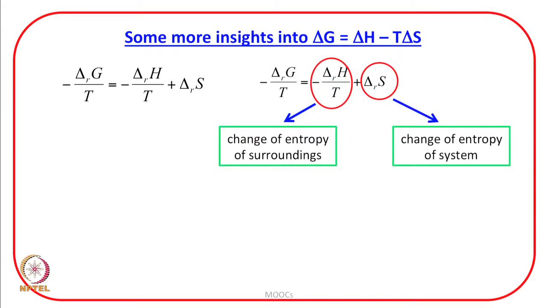Now, what are these? This delta S is the entropy change for the system, and if there is a thermal equilibrium between system and surrounding, delta H is the enthalpy change for the system, for the surrounding it is going to be minus delta H, because any change for the system will be equal to minus of that change for the surrounding, as long as there is a thermal equilibrium.